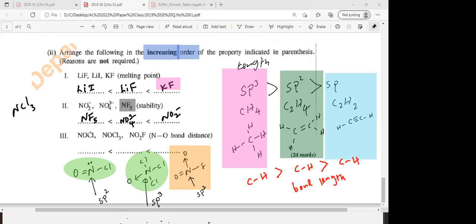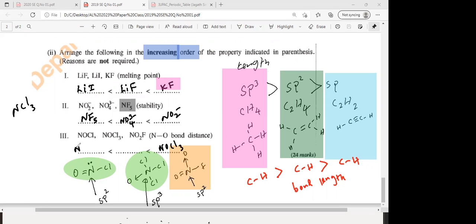Now how to compare NO2F and NOCl? Both are sp2. But here you can see the bond angle in NOCl is lower, because, okay, I'll write the answer now. Highest will be NOCl3.